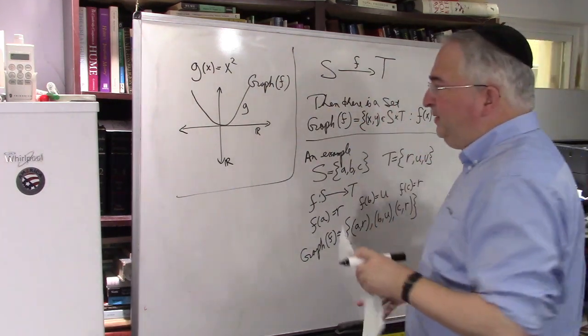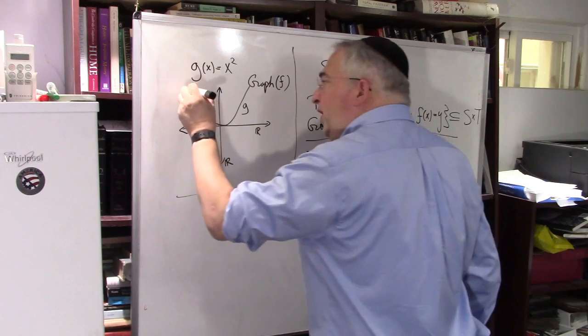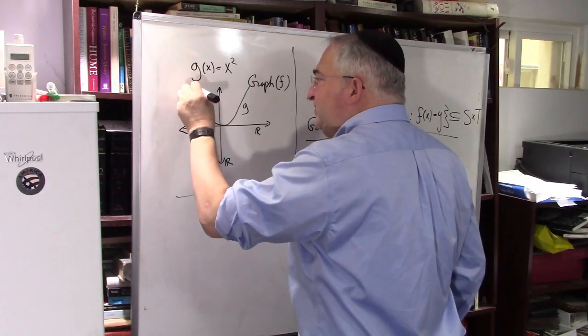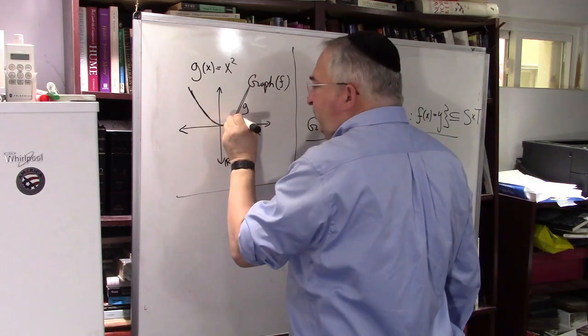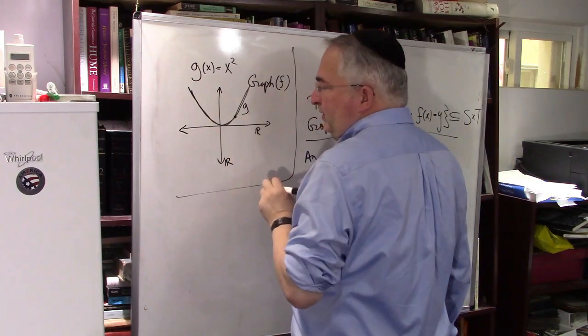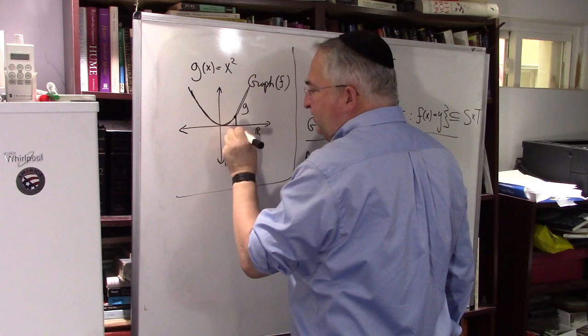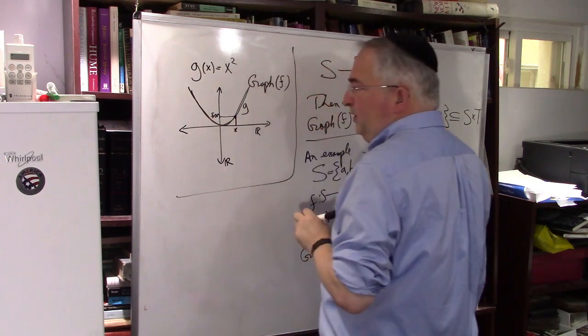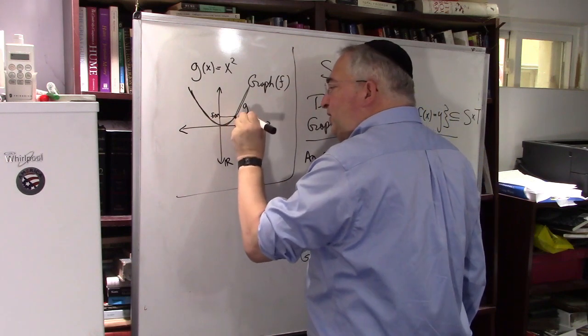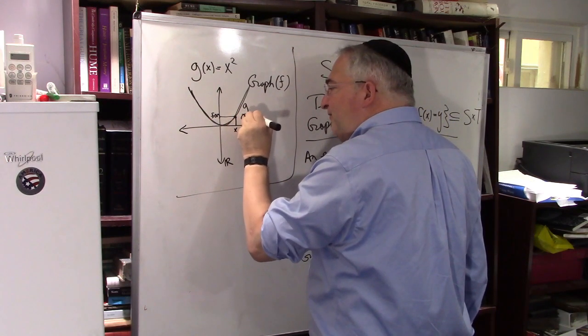It's the same concept. You ready? What is this line right over here? Every point of this line is what? This is x, and this is f of x. This point is little x comma f of x.